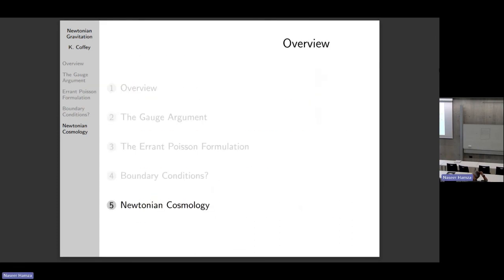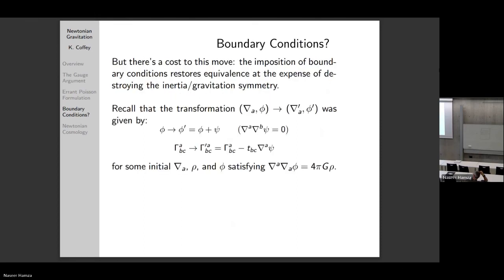One thing people point out is that in a uniform matter distribution, you might expect the gravitational field to be uniform, right? But it's mathematically impossible to satisfy the Poisson equation, as long as rho isn't 0, with a uniform gravitational field. So as long as you require that the Poisson equation hold, there's no way to generate a uniform gravitational field.